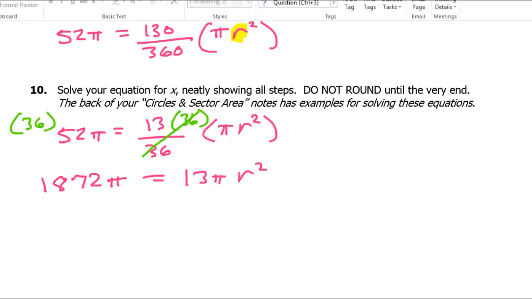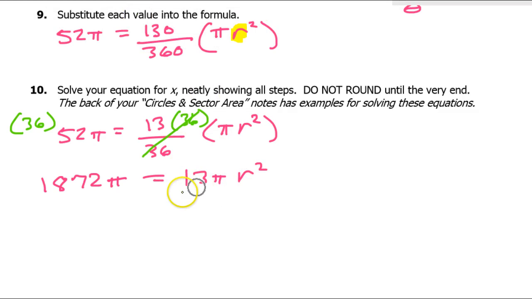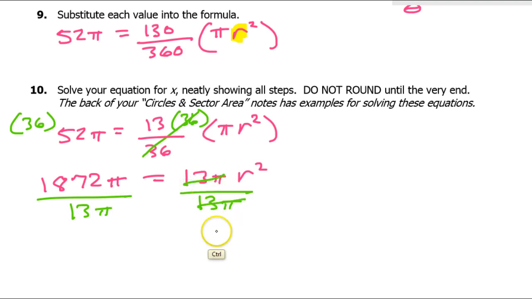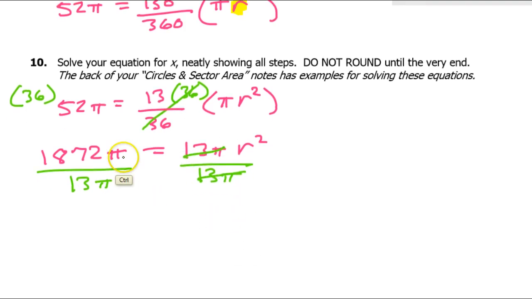Divide by 13 pi. That way the 13 pi's cancel each other out. Now watch this carefully. Do not make a decimal right now. All right, I'm assuming 13 doesn't go evenly into 1,872. It does? Okay, well that was extra nice of them.